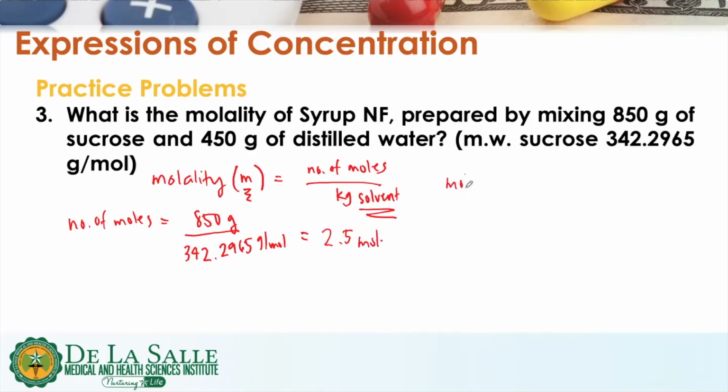So molality is equal to 2.5 moles divided by the number of kilograms of solvent. Our solvent is distilled water, and we need to convert 450 grams to kilograms. So that will be 0.45 kilogram. So this will be equal to 5.5 molal.